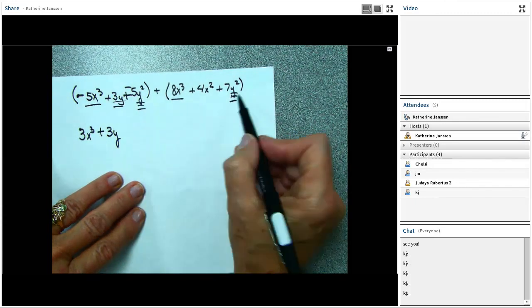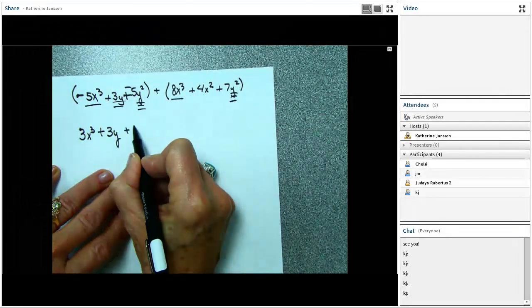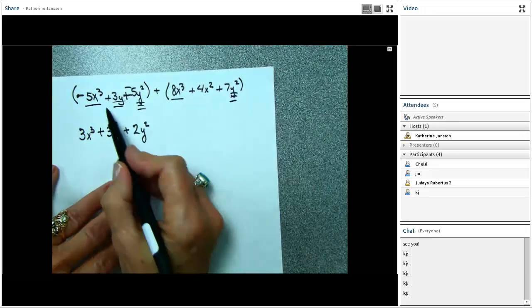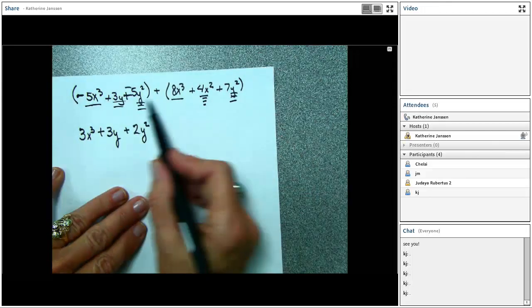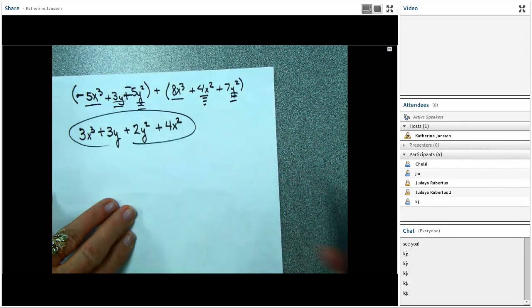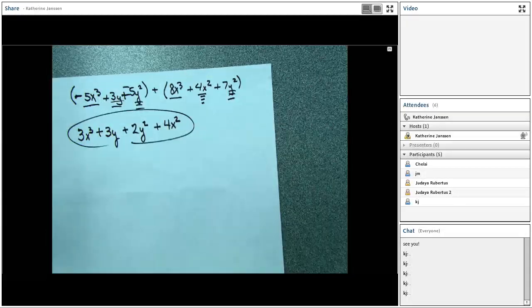So I have a negative 5y squared plus a positive 7y squared would be a positive 2y squared. And I have a 4x squared, but no other x squared terms, so plus 4x squared. Adding like terms, that seems most convenient for me. I'm collecting the like terms, I identify them, and then I add. You certainly can columnize first, and I think I show an example of that a bit later.